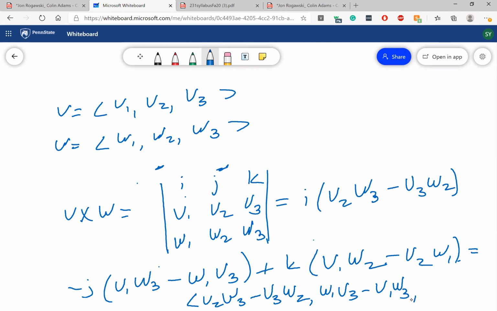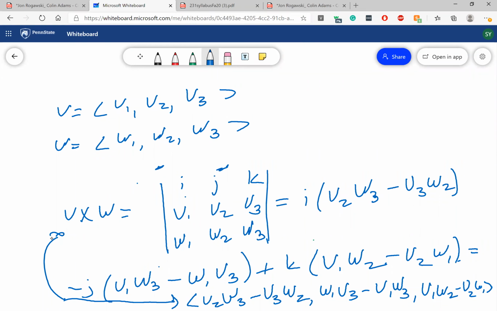And the third component is going to be v1, w2, minus v2, w1. And that's going to be your cross product. So this is your cross product, this vector, right there.